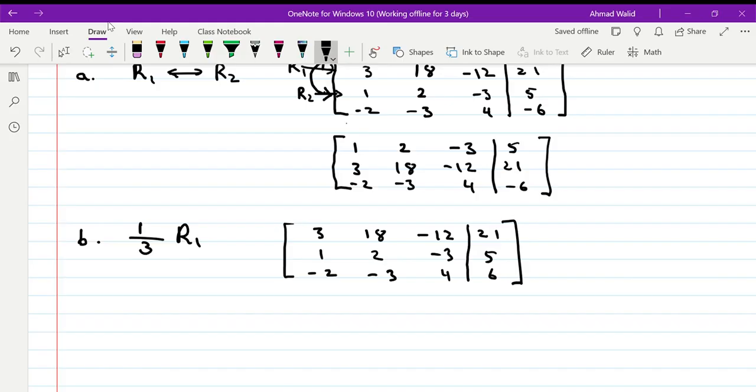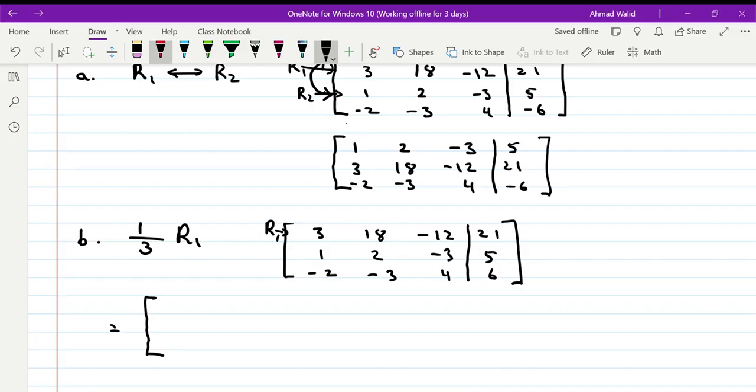What is the meaning of 1/3 of row 1? This is your row 1. It means multiply 1/3 to all the elements of row 1, only row 1, correct? Then you can say it's equal.